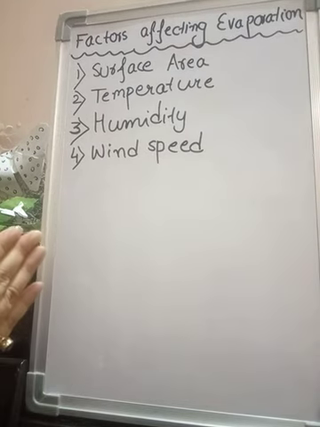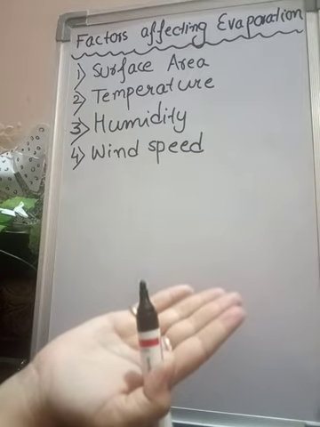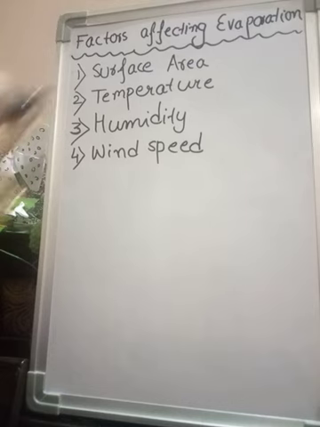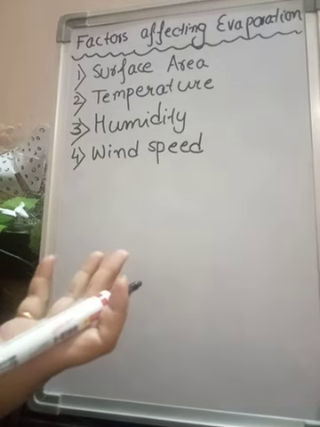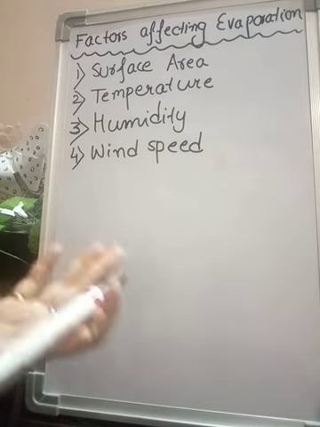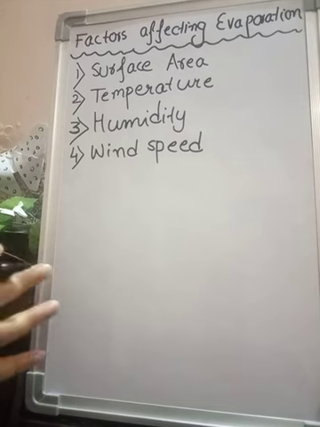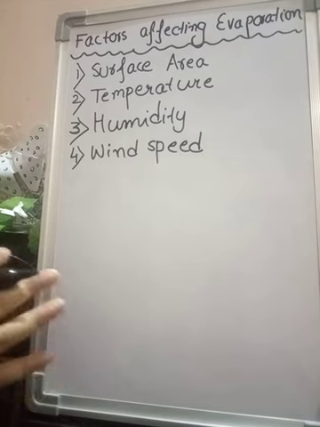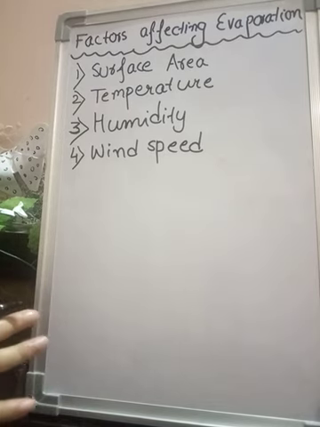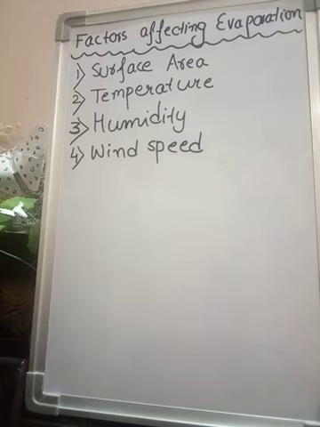And inversely proportional means if one factor is increasing, then that will lead to a decrease in the rate of another factor. So for surface area, I'll give you very simple examples. For example, by mistake, if you throw water on the floor, your mother will say just spread this water, or mop it. So what we do at home is we spread that water.